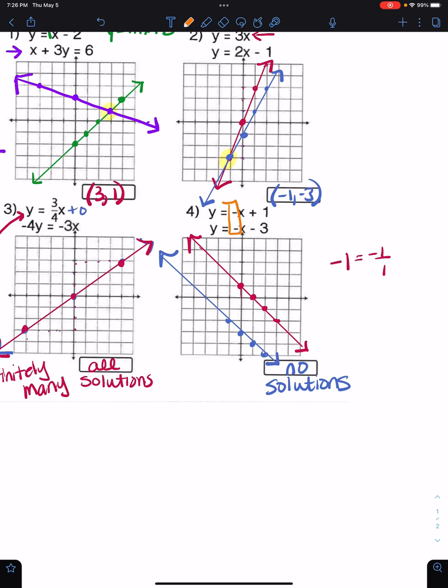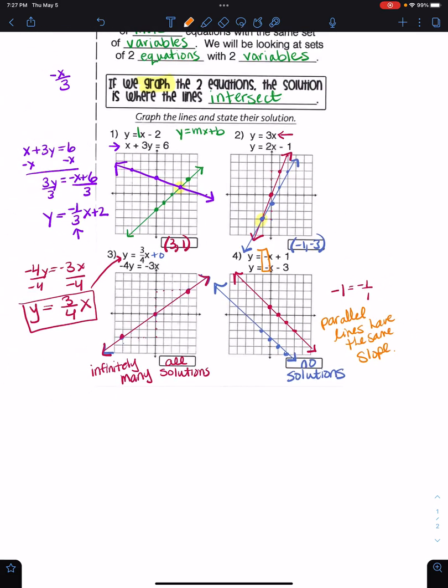So see how they both had a slope of -1? I'm going to write that down here just so we can remember it. Parallel lines have the same slope. And parallel lines will never cross, so they do not have a solution to that system of equations.